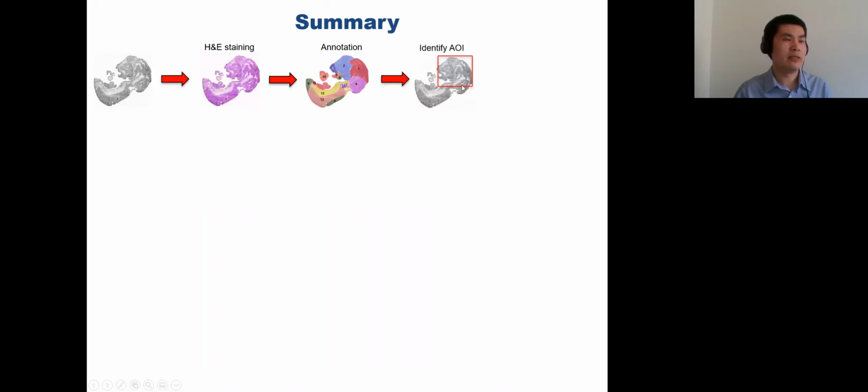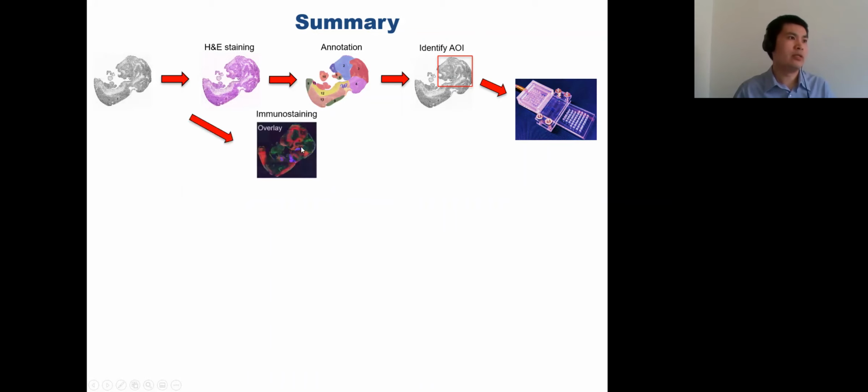Then you can find the area of interest, and apply our DBiT-seq technology to focus on that area. Or, if you want to do immunostaining, you can also do that by staining the sample with different immunofluorescent dyes. Then you can also identify the area of interest, and then apply our technology.